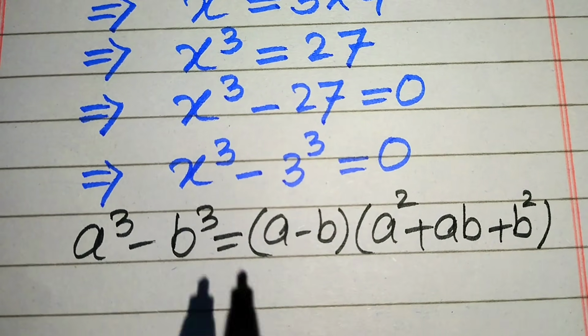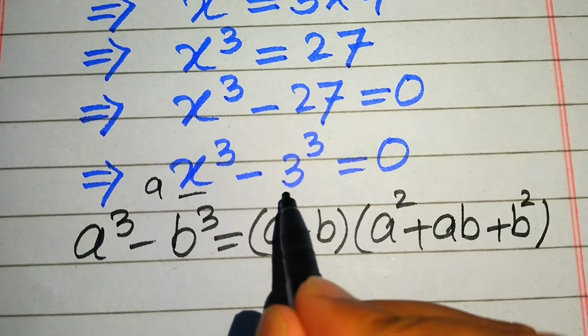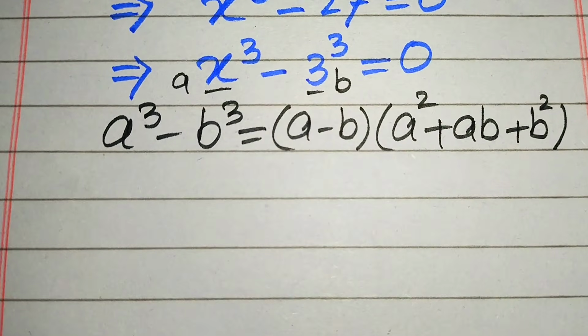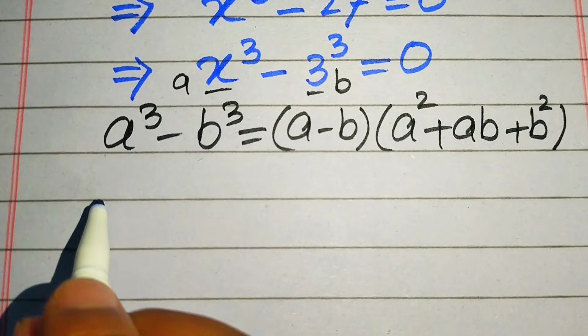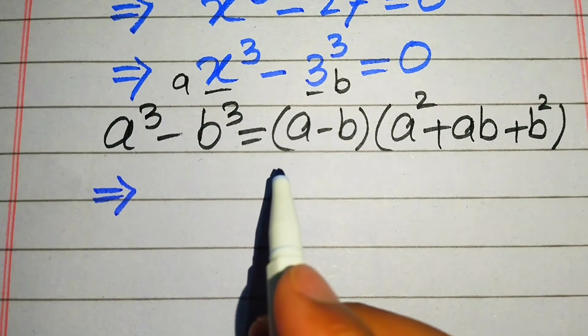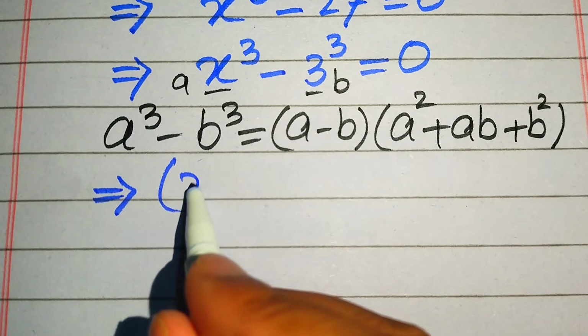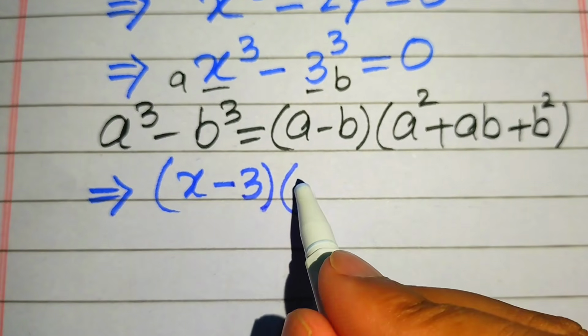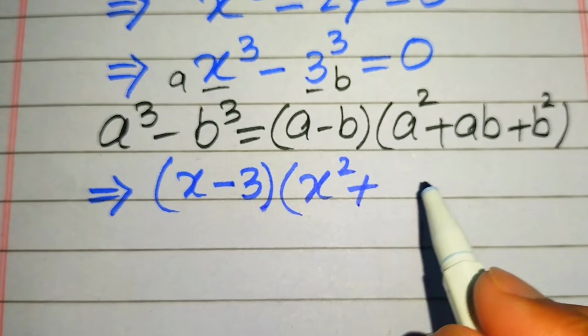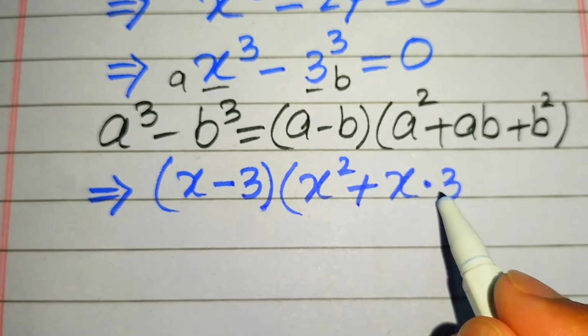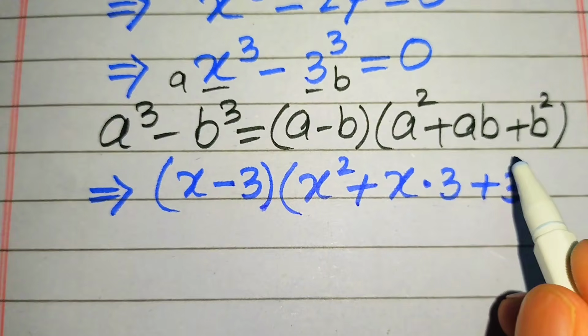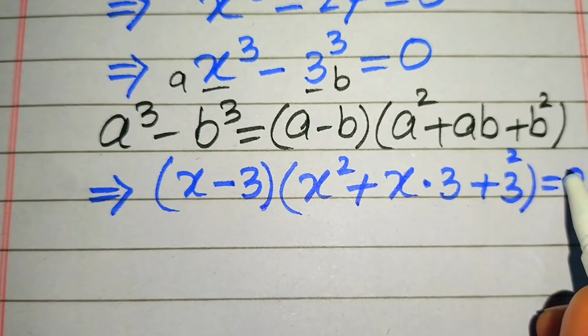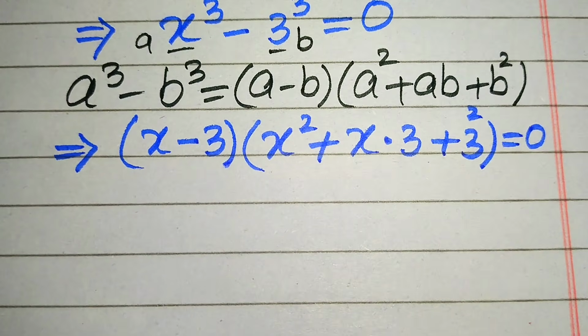According to this formula, the base of this term is our a and the base of this term is our b. So we substitute the values of a and b into the formula, and we write our equation in this form. The first factor is a minus b, where a is x and b is 3, times a square, where a is x square, plus ab, where a is x and b is 3, plus b square, where b is 3 square, and this whole equation equals 0.